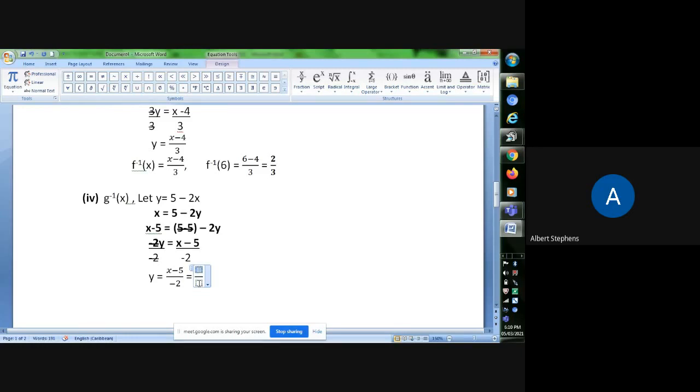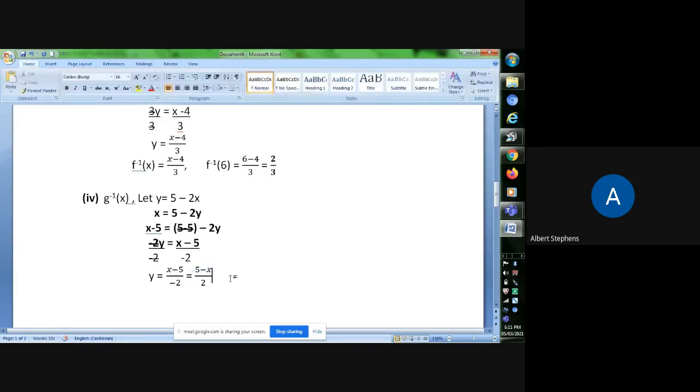Okay, so I'm going to multiply the top and the bottom by -1. Now, what is -1 times -2? +2. All right. So, what is -5 times -1? +5. What is -1 times x? -x. But you see how I write it, I just put the negative on the inside.